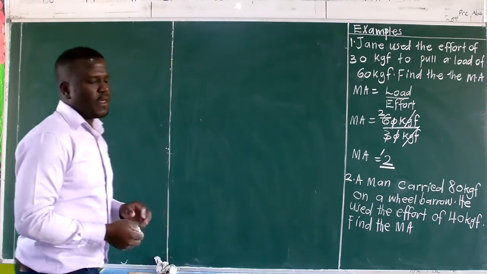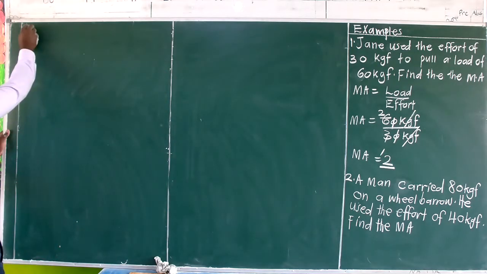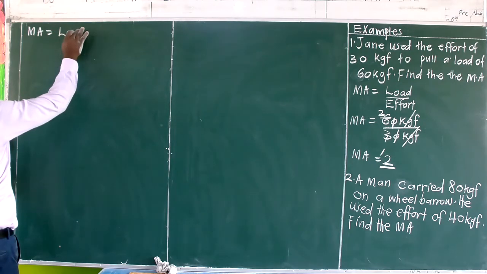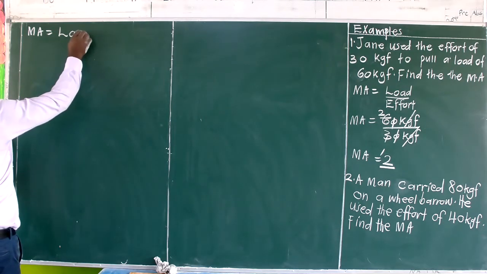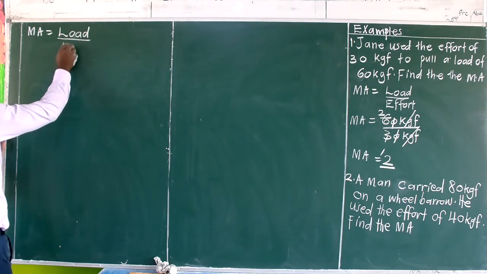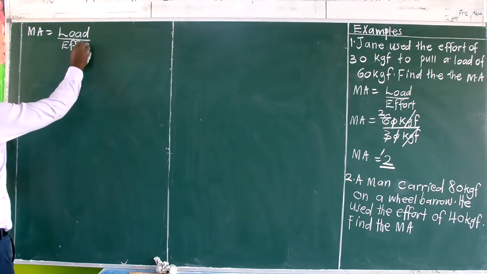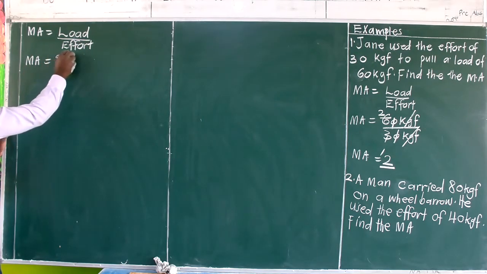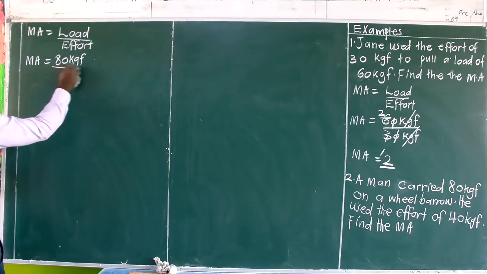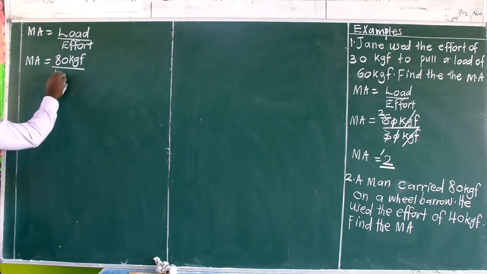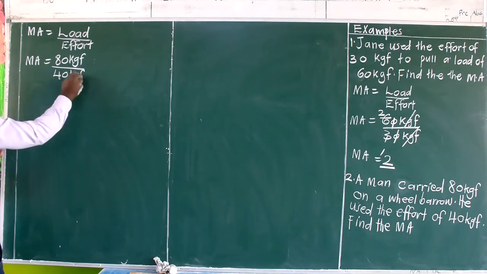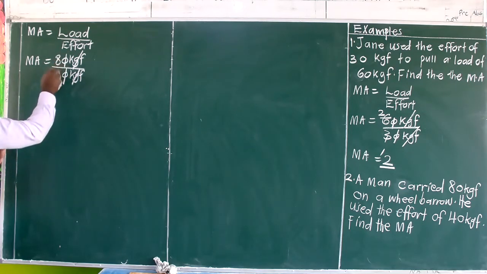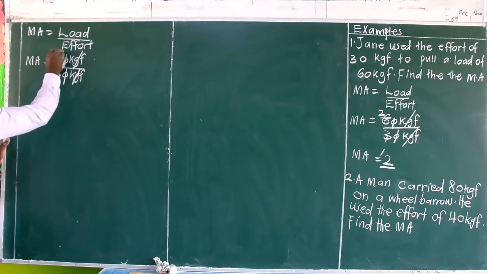We say mechanical advantage equals load out of effort. This man used the load of 80 kilogram force and the effort of 40 kilogram force. Kilogram force and kilogram force, they cancel. 0 cancels 0, 4 here 1, 4 here 2.